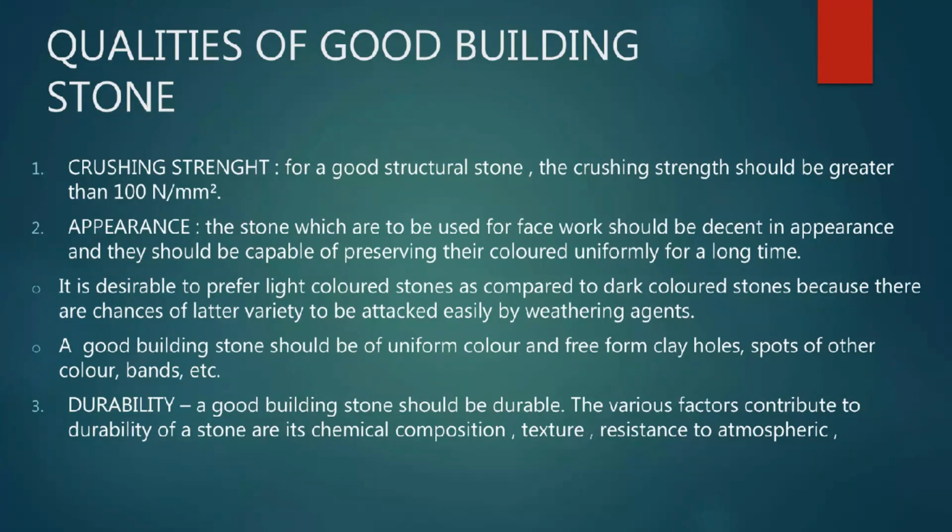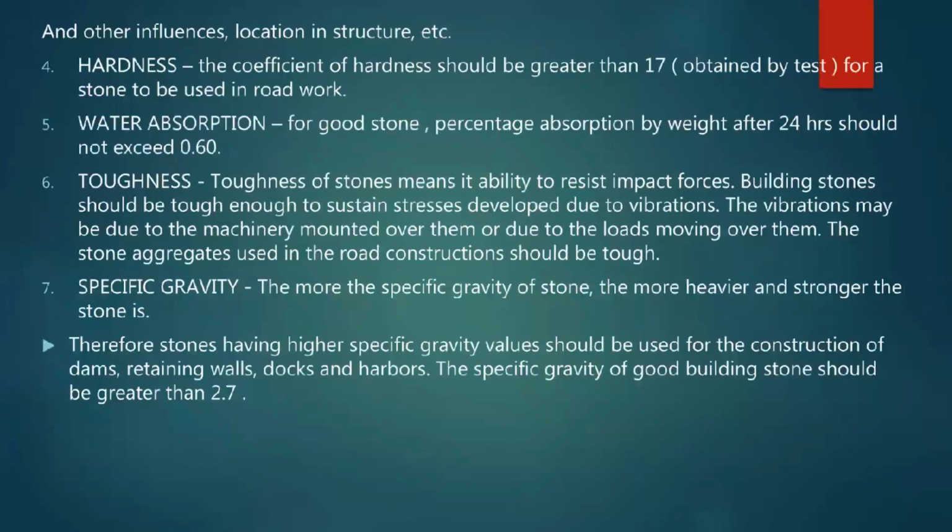Durability: a good building stone should be durable, and the durability of stone depends on its chemical composition, texture, and resistance to atmospheric temperature. Hardness: the coefficient of hardness should be greater than 17 for a good stone; if it is less than 13, it is poor. Now, water absorption.